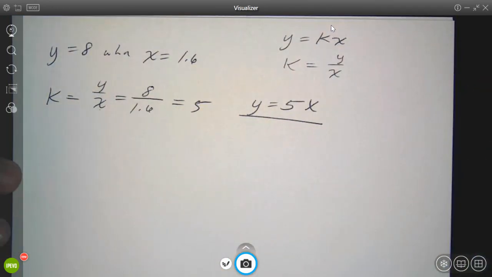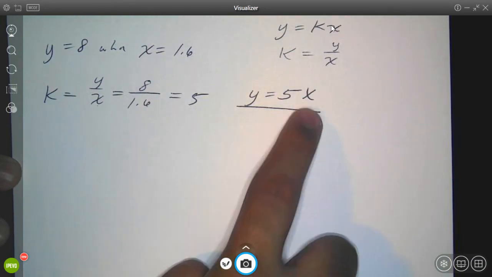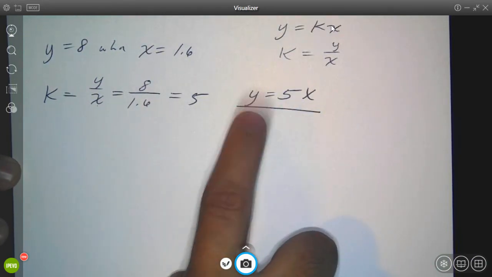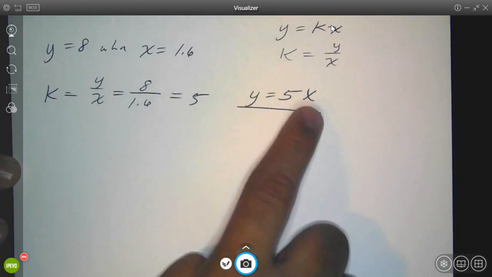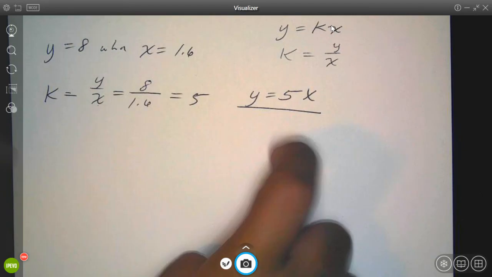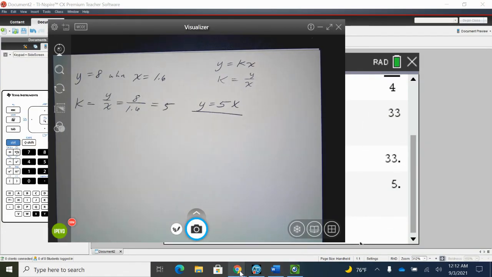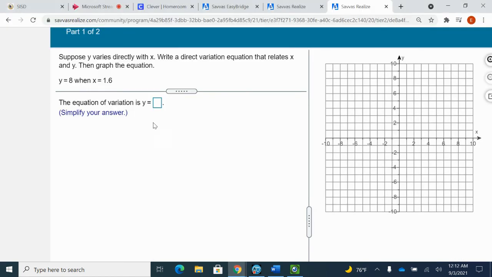That is the equation. My constant of variation is 5. My input is x, my output is y, so I do not substitute anything for those. X and y are my variables. The only one I can find is k. So my equation is y equals 5x.